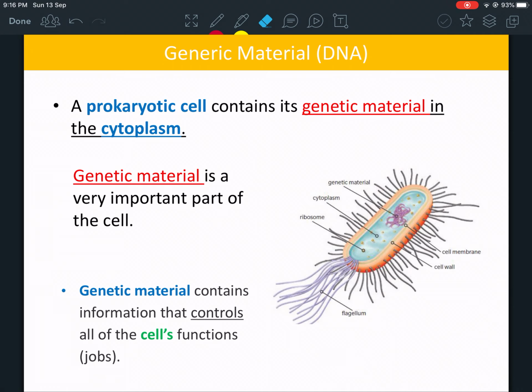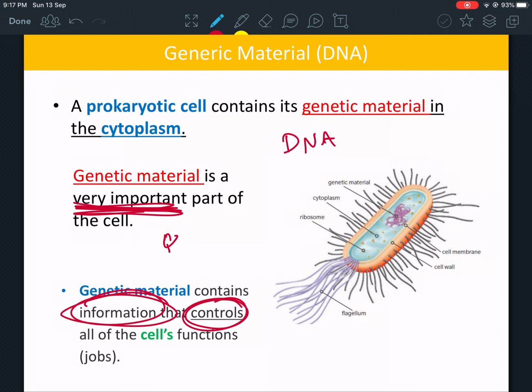Okay, and then you have the genetic material. Genetic material, which is this stuff, this purple stuff. It's the DNA. It holds all the information. Okay, it's very important. It's the most important part of the cell, and it holds all the information, and it controls the cell.